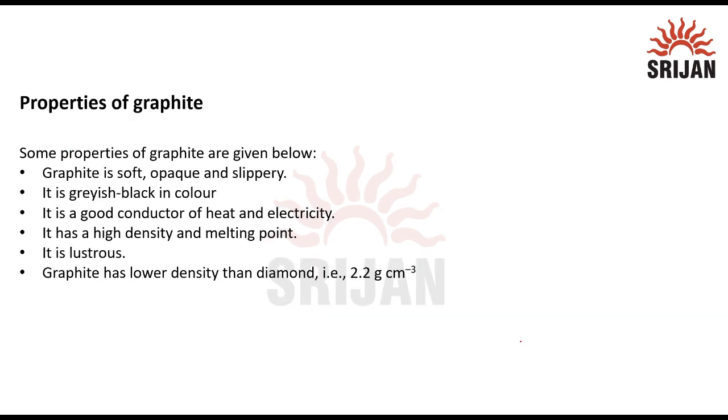If we talk about the properties of graphite, graphite is soft, opaque, and slippery. It is grayish black in color. It is a good conductor of heat and electricity as it has free electrons to conduct electricity. Also, it has a high melting point. It is lustrous. Graphite has a lower density than diamond, around 2.2 grams per centimeter cube.